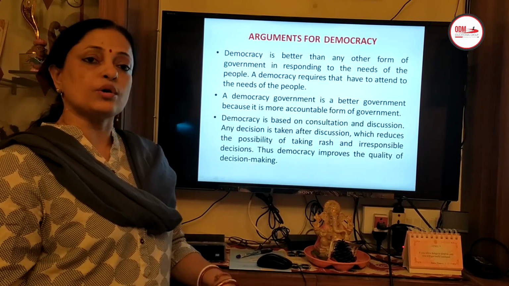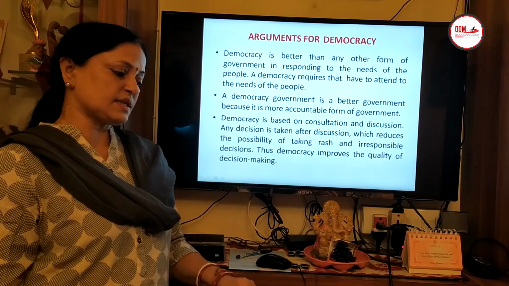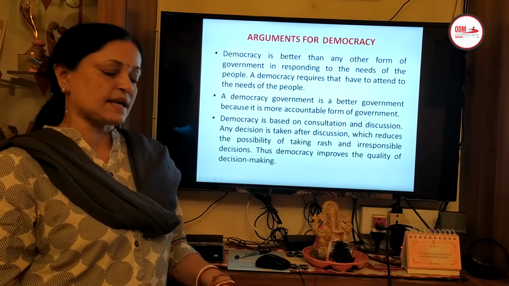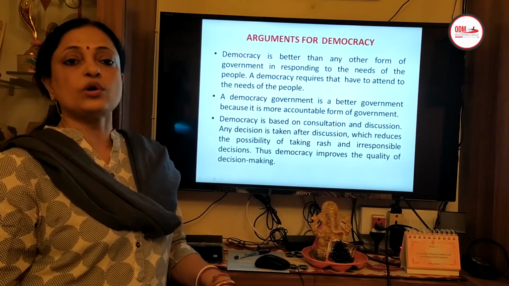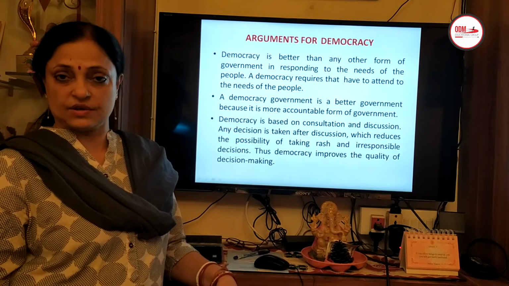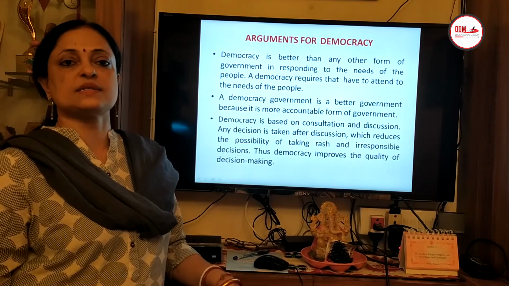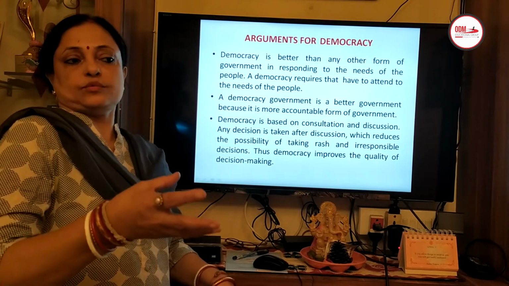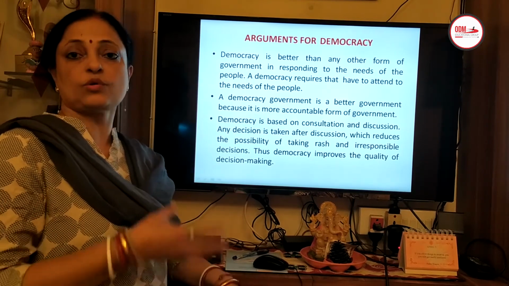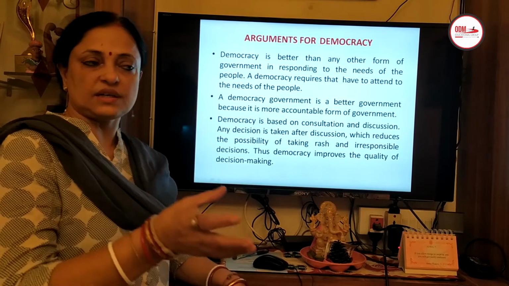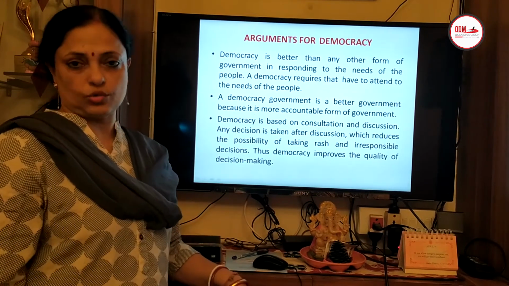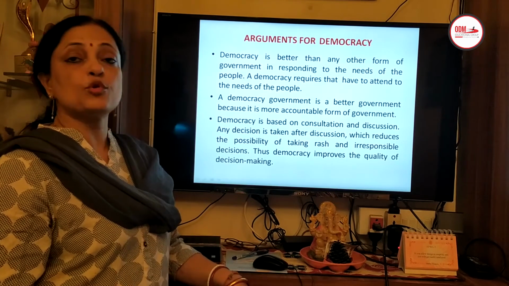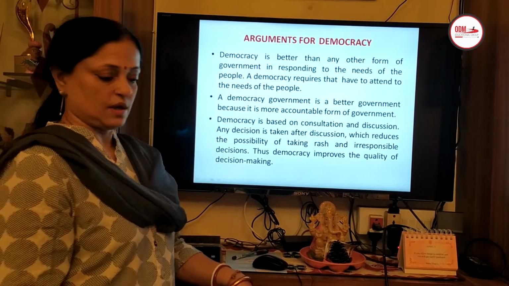So this is a good advantage. Any decision taken after discussion reduces the possibility of rash and irresponsible decisions. They cannot take decisions in a haphazard way. They will not take the decision without consultation with other elected rulers. Thus democracy improves the quality of decision making.